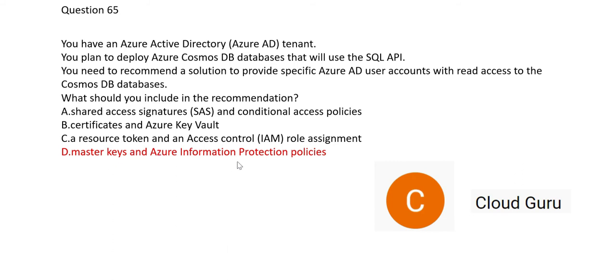Azure information protection policy. Suppose you have storage, a lot of documents put on Azure Blob Storage, and then suddenly one day you realize that some documents have credit card numbers mentioned inside them. So how would you scan? There are hundreds of documents.